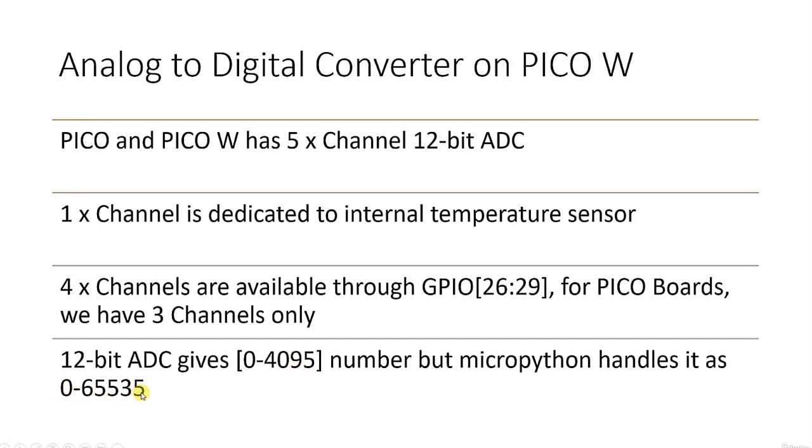It means 16-bit. So, in all our calculations, we have to assume that our ADC is a 16-bit ADC. Actually, it is 12-bit. But the library is going to give us a value between 0 to 65535. So, every formula that you apply should be focused on this resolution only.